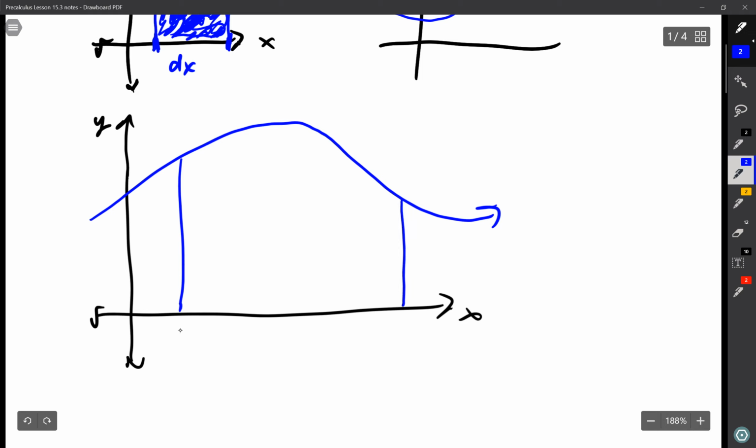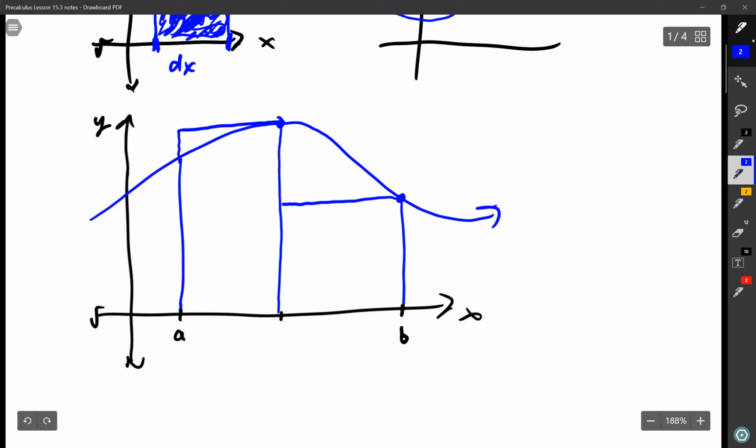We're going to call our starting x value A, and our ending x value B. Now, what if we split this in half? We go exactly halfway between A and B, and we form two rectangles where this value and this value serve as the height of our rectangles. And so we draw a rectangle like that, and then a rectangle like that.